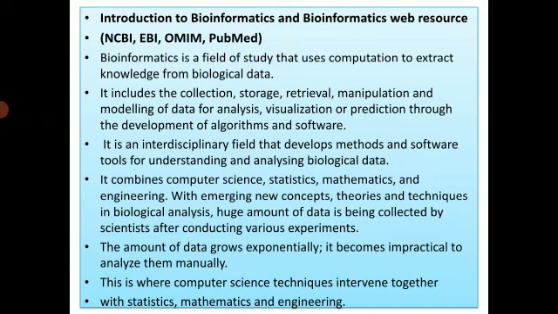As I said, bioinformatics is a field of study that uses computation to extract knowledge from biological data. There is a lot of information in the form of coded data in biology. Now you'll ask where this coded data is available.